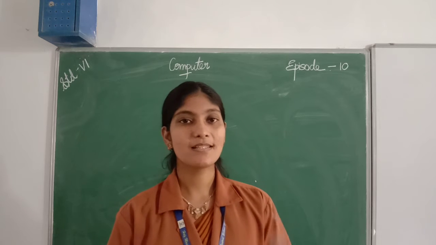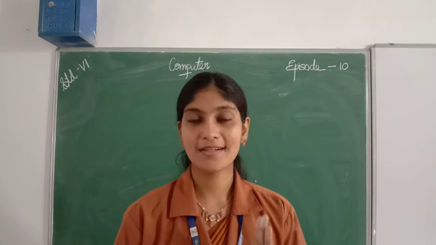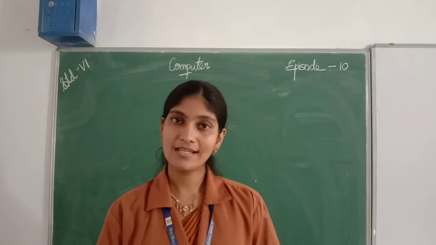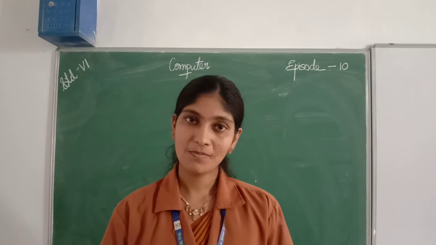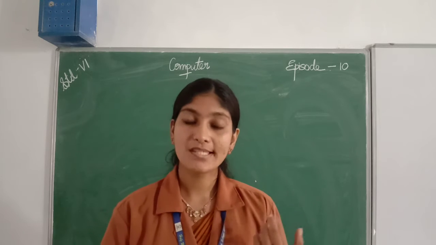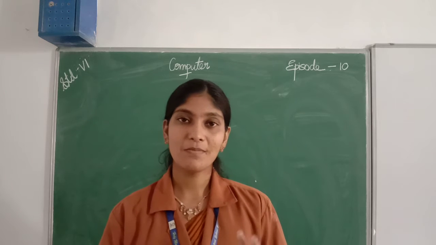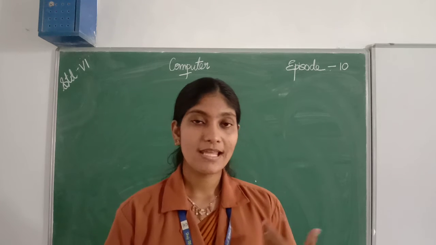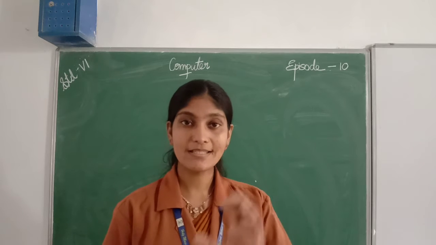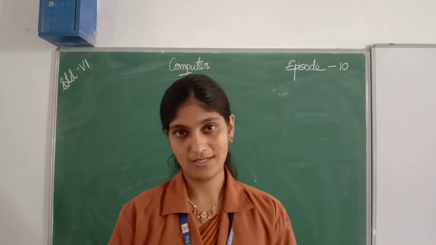Right alignment means data should be aligned to the right of the margin, that is right alignment. And center alignment means the data should be in between the left and right margin. Also there is another alignment, that is justify. Justify means the data should be aligned to both the left as well as right margin.